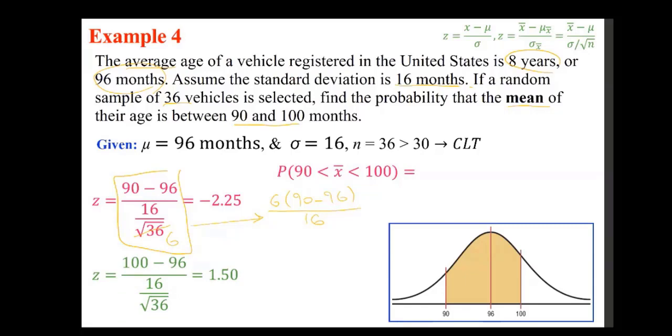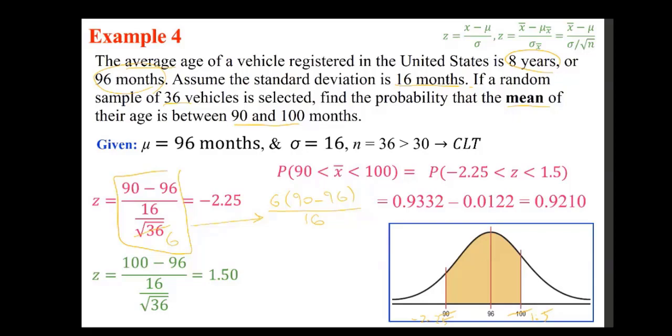Therefore, the probability of x bar being between 90 and 100 becomes the probability of z between negative 2.25 and 1.5. In other words, I would go with the z-score and change this to negative 2.25 and this one to positive 1.5. I look up the table. And the reason we calculated in this manner: if we go with the table, we look it up all the way to 100, or 1.5 as far as the z-score is concerned. It gives us 0.9332.